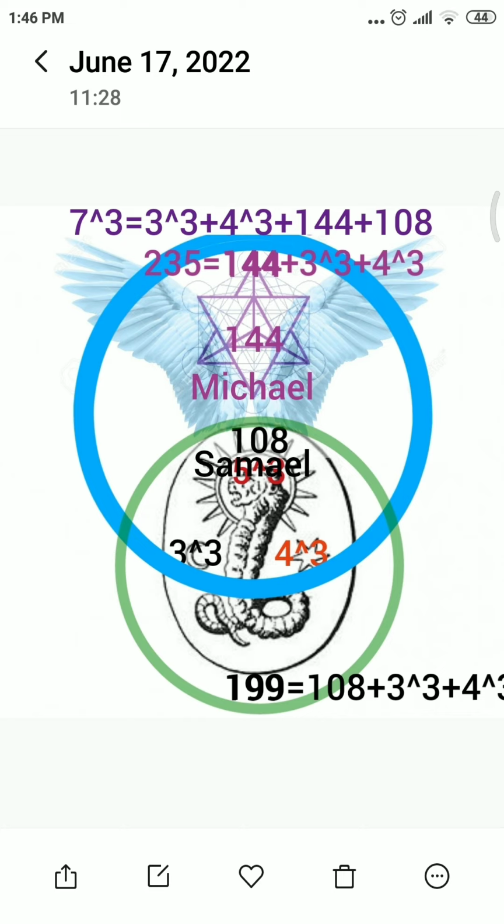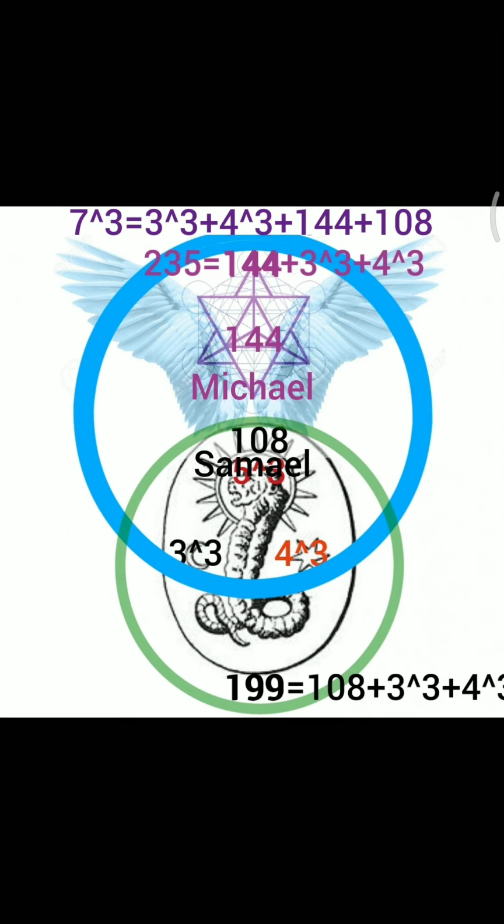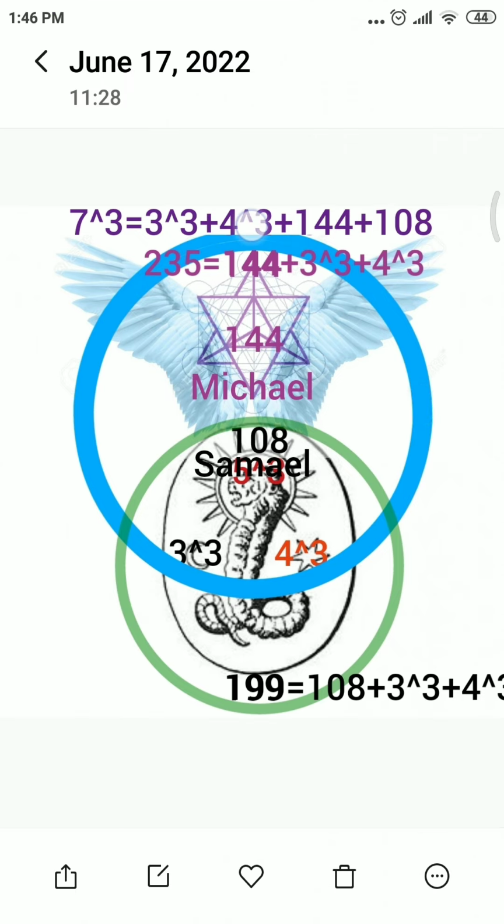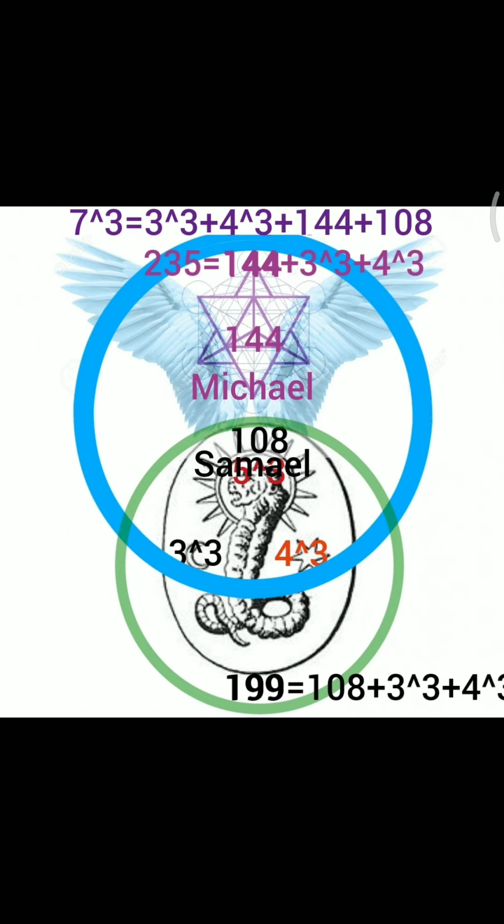So let's see what we will get. The moon 3 cube and sun 4 cube are common to both. I am trying to split these into a good part and a bad part. So let us say this is the evil part, this is the good part. The good part is 3 cube plus 4 cube plus 144. 3 cube and 4 cube are common to both.